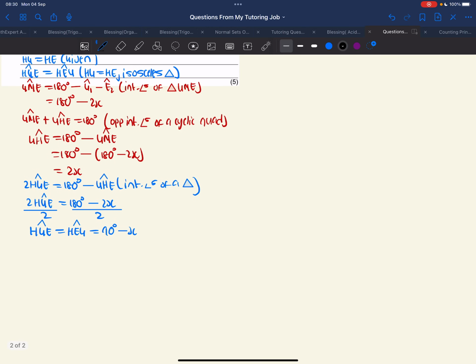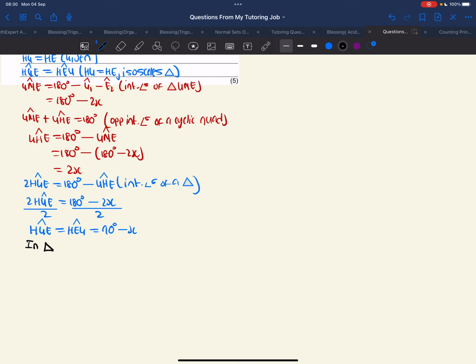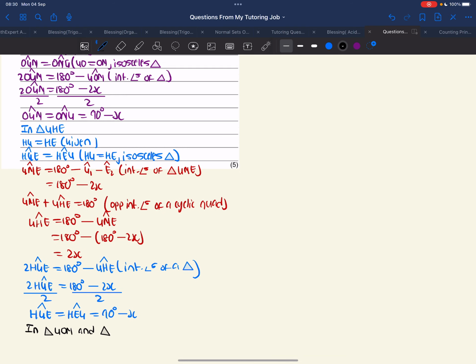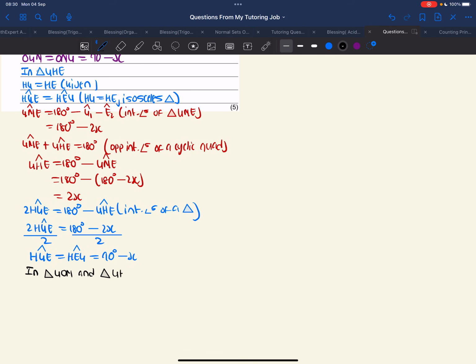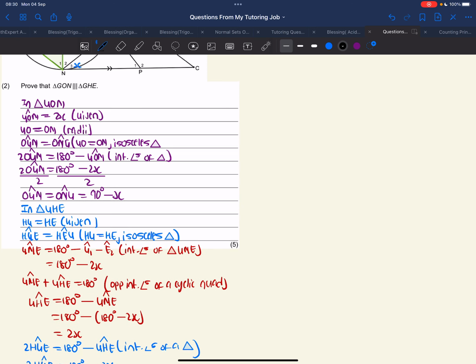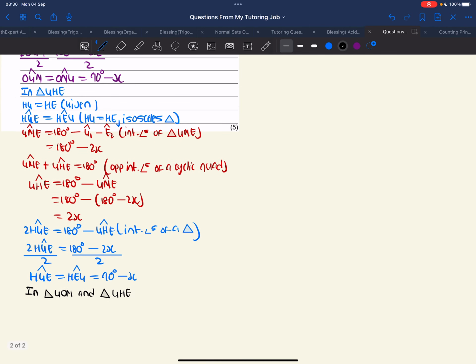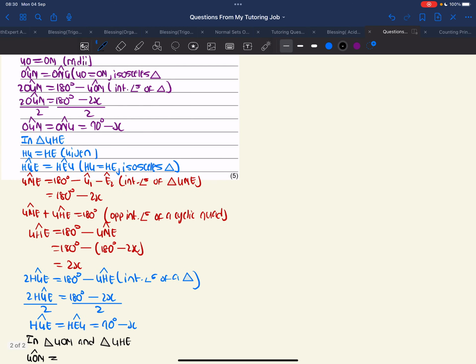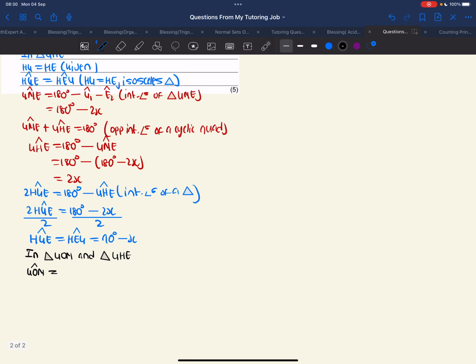Now in triangle GON and triangle GHE, we have that angle GON is equal to angle GHE, which are both equal to 2x.